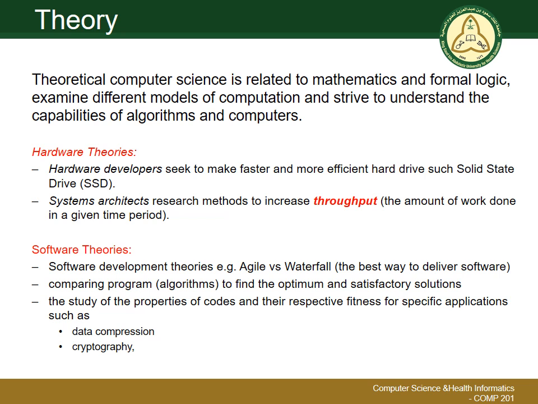Maybe in algorithm 1 we will do it in a certain way, in algorithm 2 in a different way, in algorithm 3 in a third way. So for the same problem, for the same task, we can have different algorithms that can do the same thing for us.